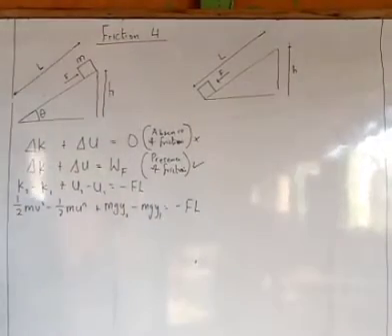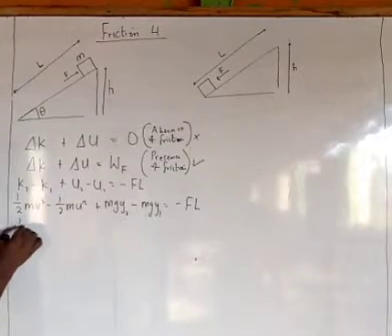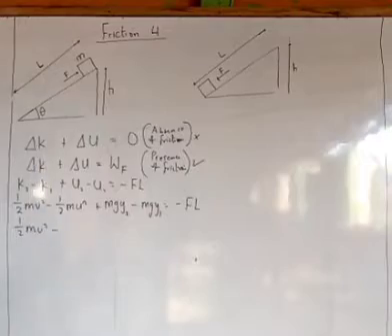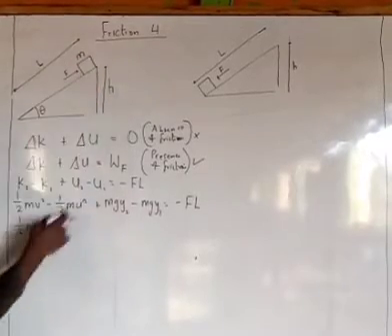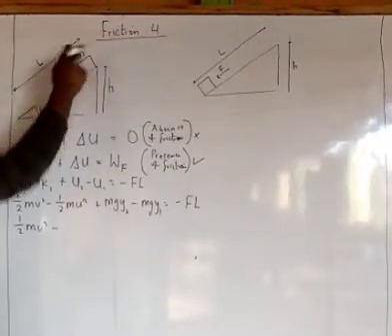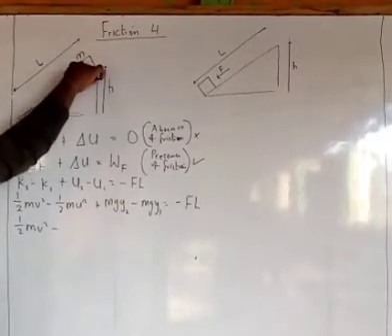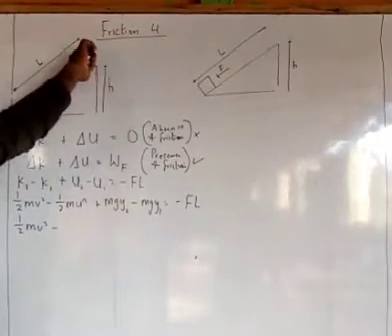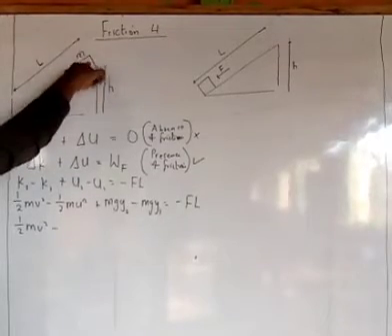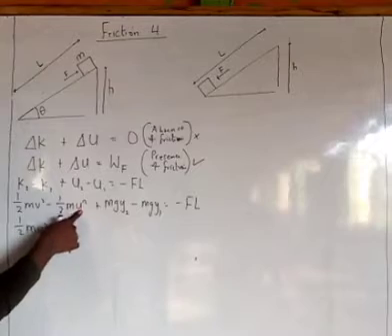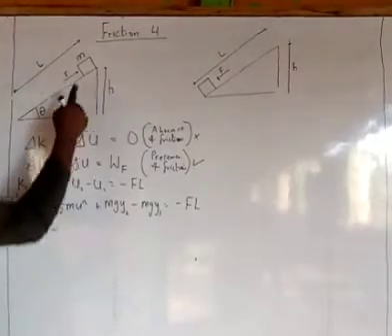All right. So we take half mv square minus, the initial velocity here is 0 since the body is released. Take note of the word released or dropped. Anytime released or dropped is used, then the initial velocity will be 0.